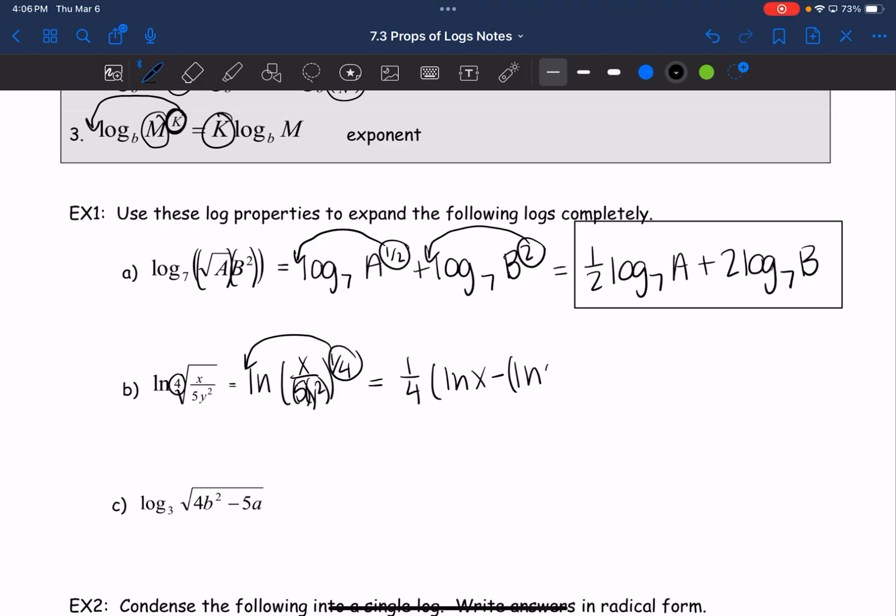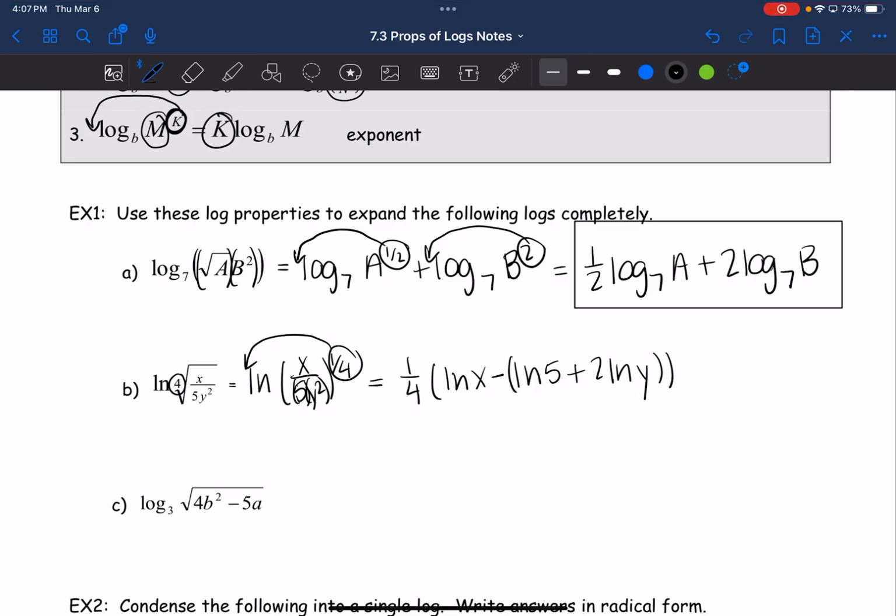So that'd be ln of 5 plus ln of y squared. Now at the same time, I could take that 2 and write it as a coefficient. So I actually would probably write this as 2 ln of y.